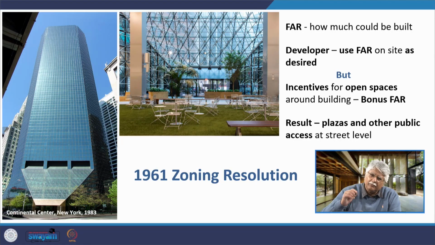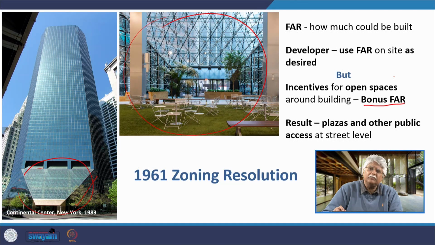If a particular client provided open spaces in his skyscraper, in his building, around the building, then bonus FAR was to be provided to him. Let us take the example of the Continental Center in New York in 1983. This feature that you see at the base of the skyscraper has given rise to this internal open public space.